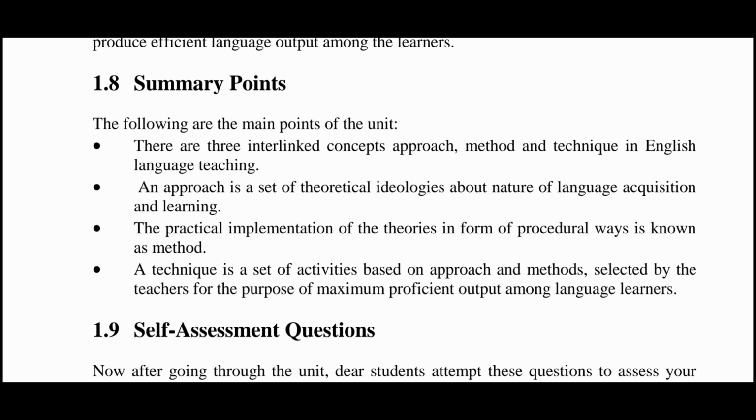The practical implementation of the theories in the form of procedural ways is known as method. A technique is a set of activities based on the approach and methods selected by the teachers for the purpose of maximum proficient output among language learners.